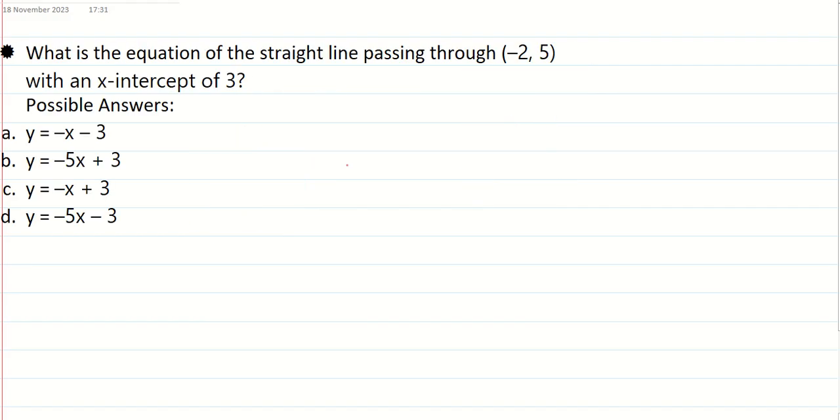Okay. Let's try this question. The question is: what is the equation of the straight line passing through minus 2 comma 5 with an x-intercept of 3? What should it be? The x-intercept is 3, which means y equal to 0.